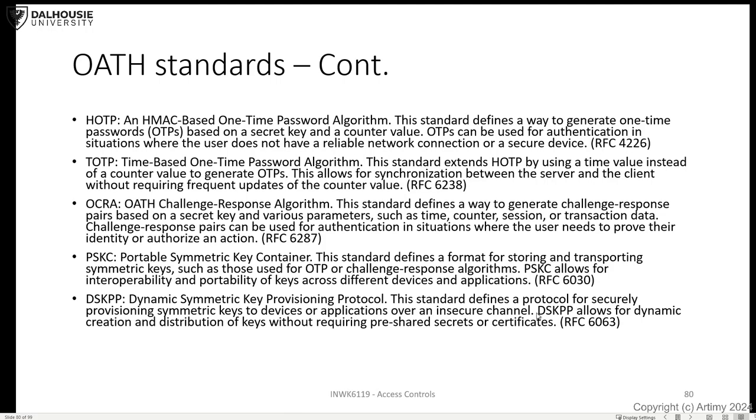This standard defines a protocol for securely provisioning symmetric keys to devices or applications over an insecure channel, right? It allows for dynamic creation and distribution of keys without requiring pre-shared secrets or certificates. If you remember back in the cryptography course, we talked about the Diffie-Hellman algorithm, where you can create a secret key without actually sharing any secrets. So this could be a way to do this as well.